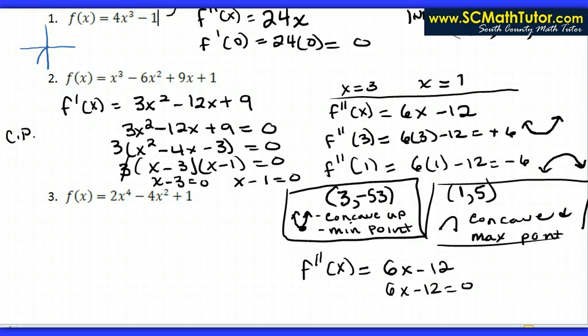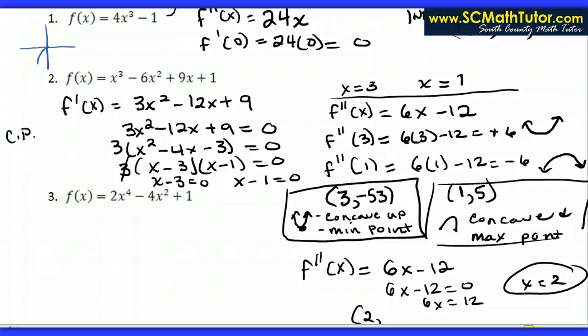Add 12 to both sides: 6x equals positive 12, so x equals 2. At x equals 2, y equals 3. That is the inflection point. That's where the graph changes concavity.